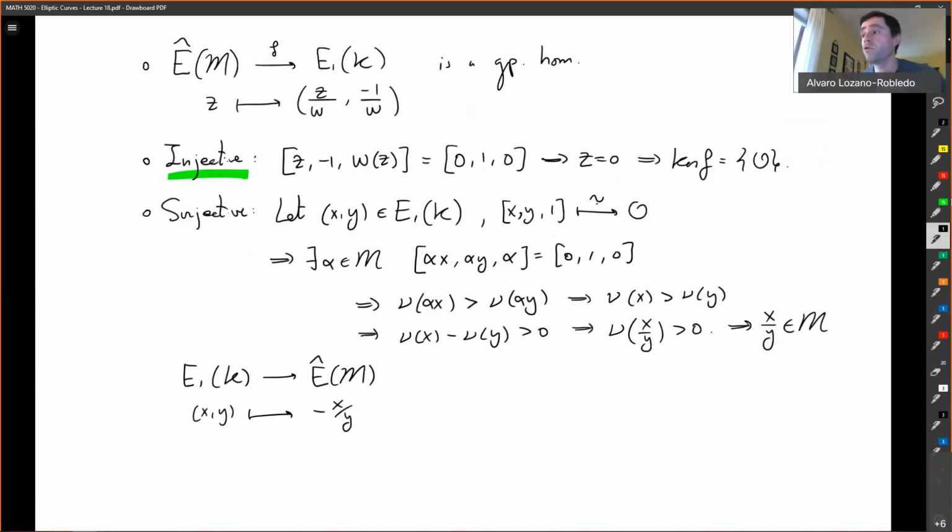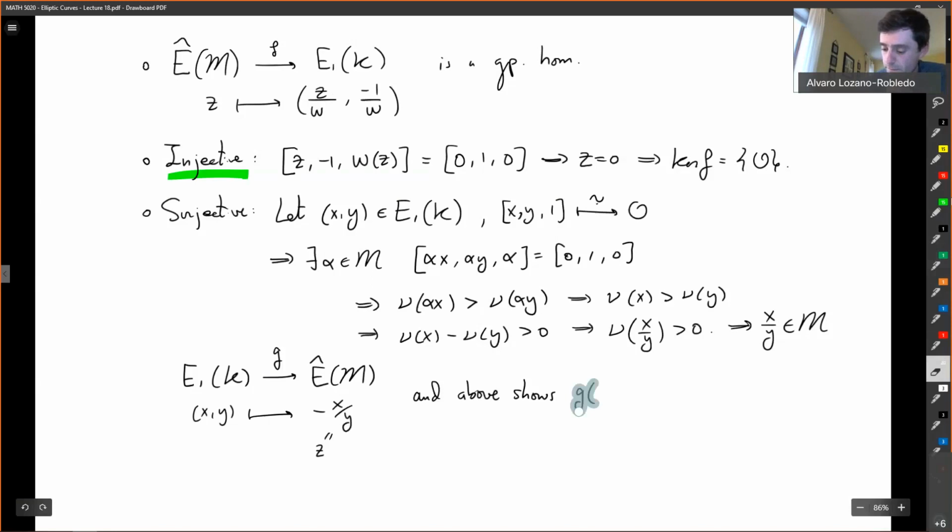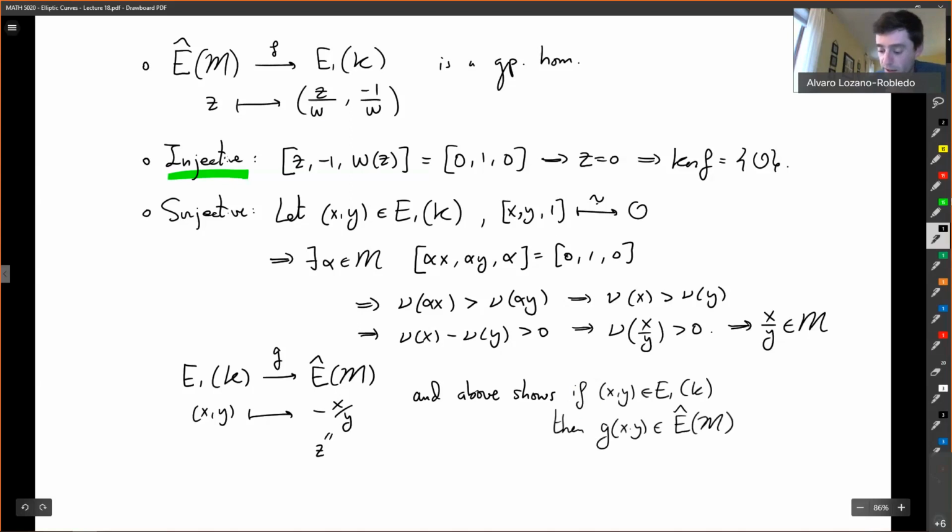Okay, so then this map is the map that corresponds to the z value to that point, and what we've shown above, let's call this G, that if xy is in E1 of K, then G of xy is in E hat of M, namely that this is an element of the maximal ideal.